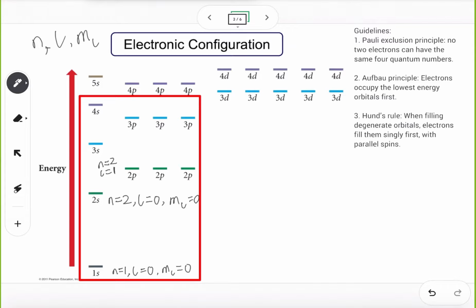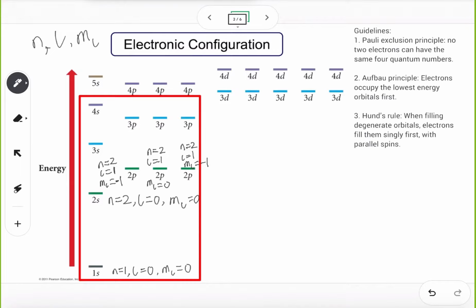For this particular 2p orbital, ML is negative 1. For the middle 2p orbital, n equals 2, L equals 1, and I'll write the ML down here: ML equals 0. For the last 2p orbital, n equals 2, L equals 1, ML equals positive 1.